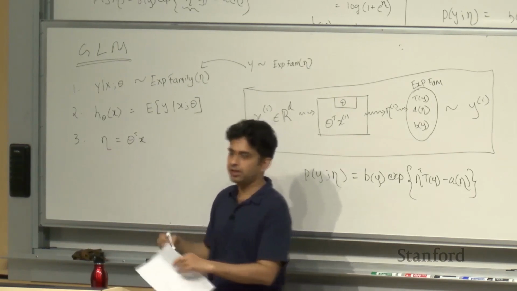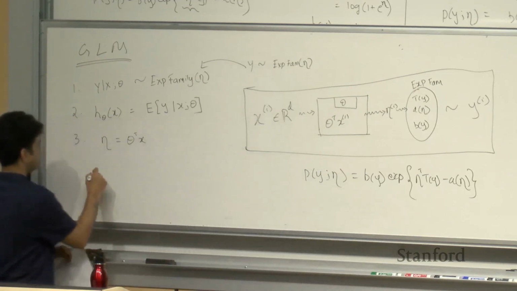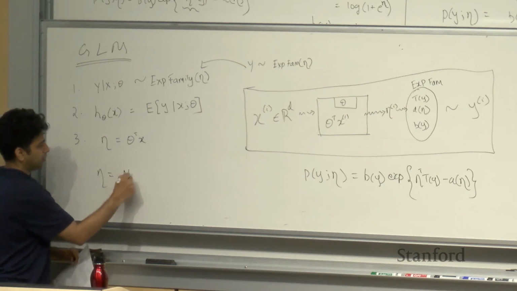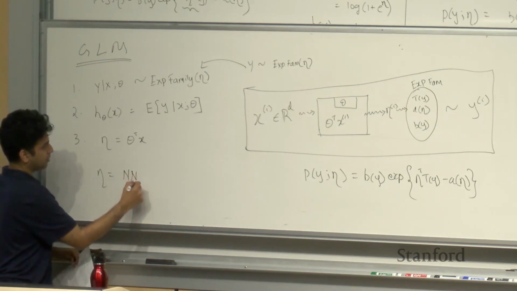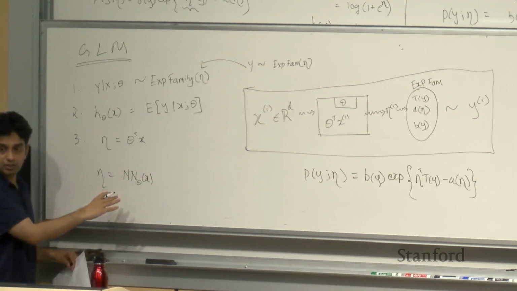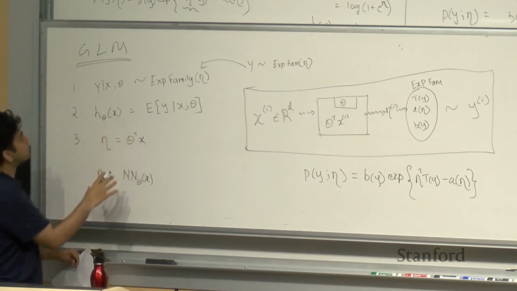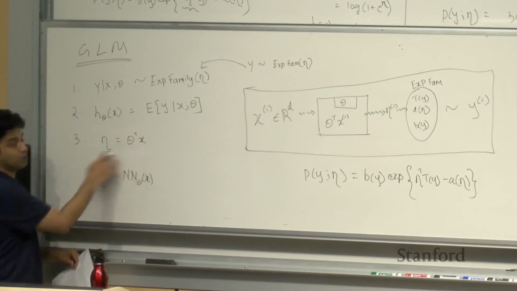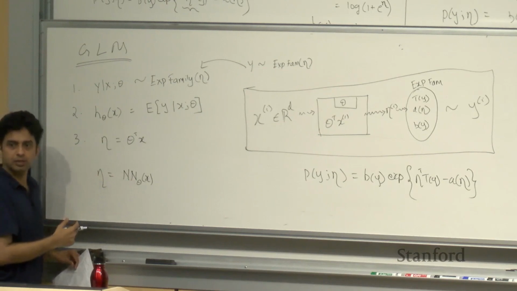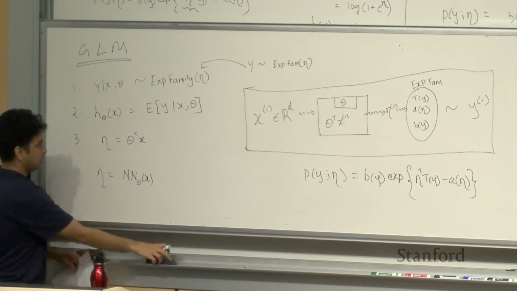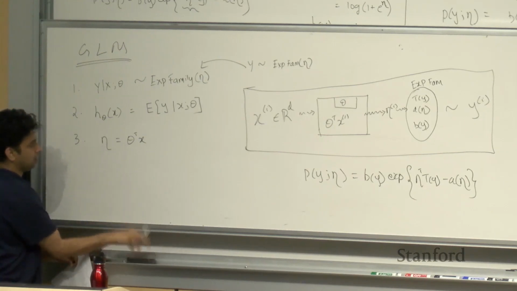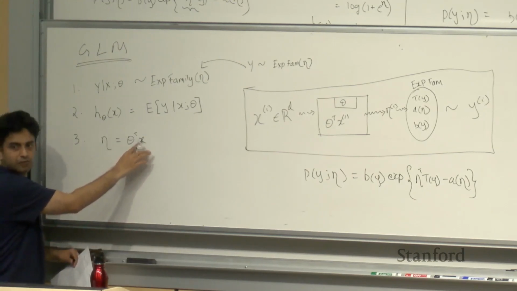Beyond GLMs, you can, for example, say your eta equals some neural network parameterized by some theta of your x. And this is totally fine. You can construct generalized models, except now it's no longer linear. You can't call it a GLM, but you can absolutely do something like this. But for GLMs, it's a linear model because we are making the assumption that eta is a linear function of the x's.